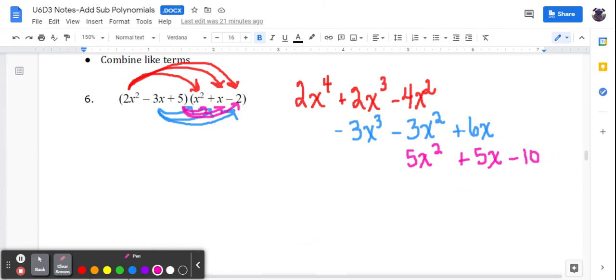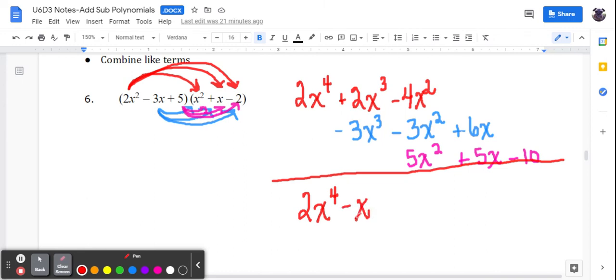So as you guys can see, we are going to combine all of these terms here. We're going to add all of our like terms. So now that I've lined them up, I can bring down my 2x to the 4th because I have nothing to combine with that. My x to the 3rds, we can combine 2 minus 3, which is negative 1. 4x squared minus 3x squared, well, this will give us a negative 7.